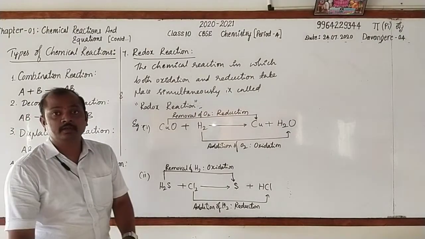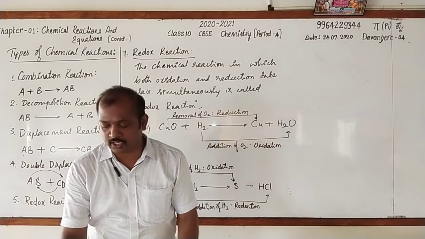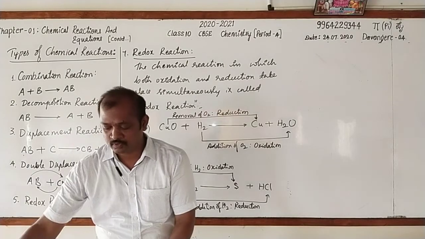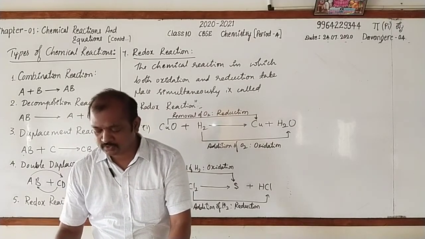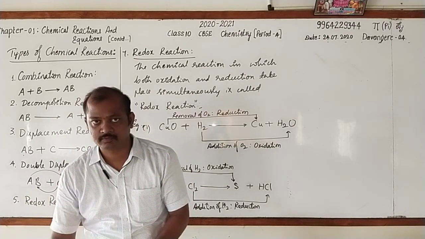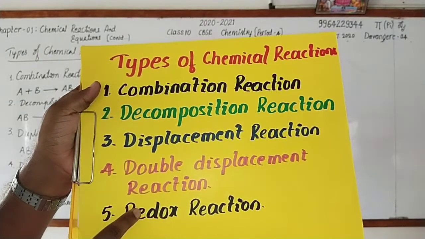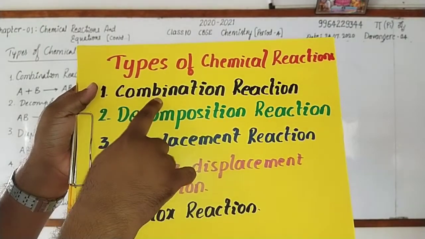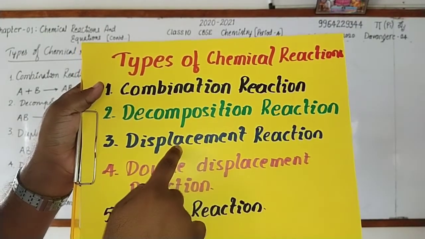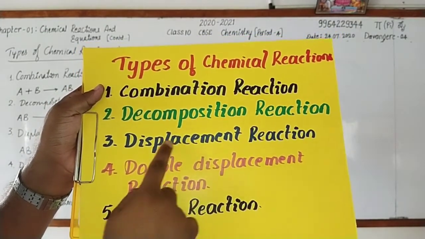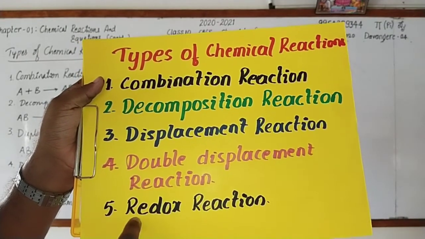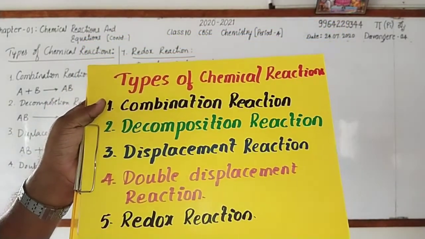So now let me show you the chart which shows all the 5 types of chemical reactions. This is the chart in which all the 5 types are there. Combination, decomposition, displacement, nothing but single displacement. Next one, double displacement. And fifth one is redox reaction.